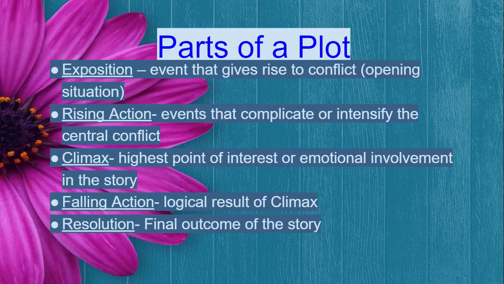The rising action are the events that complicate or intensify the central conflict. The climax is the highest point of interest or emotional involvement in the story. The falling action is the logical result of climax, and the resolution is the final outcome of the story.